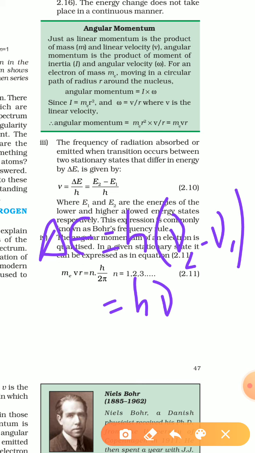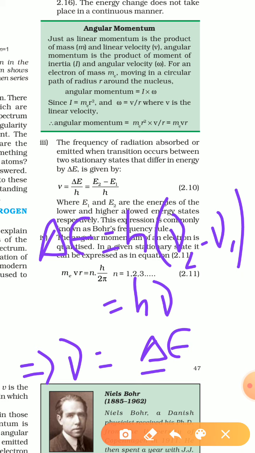Then if I am finding the frequency, I get nu equals delta E by h, where delta E means E2 minus E1, which I had already got.